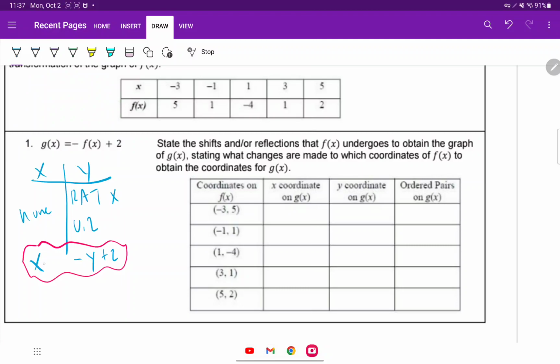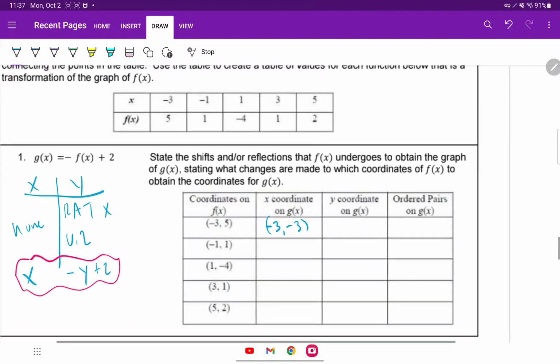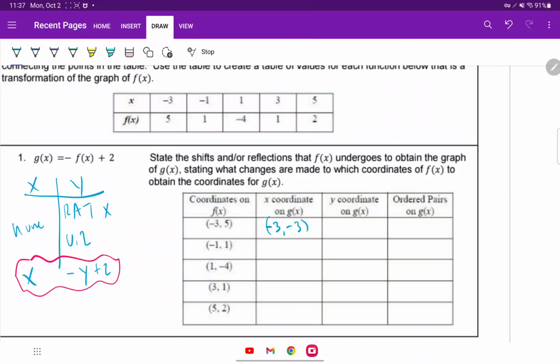For the first point, we take the x and keep it the same, and then for the 5, we do negative 5 plus 2, which is negative 3. For the next one, negative 1, comma 1. Oh, I see how I'm supposed to do this.